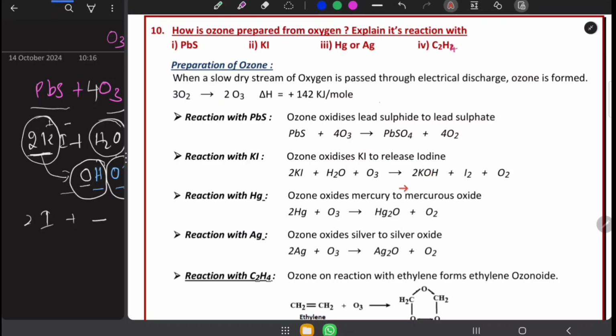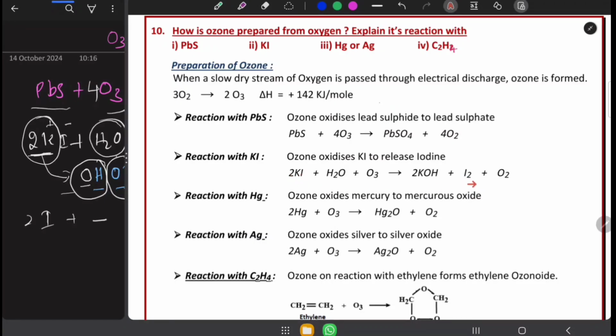From where have these OH groups come? Two hydrogen atoms here, this one oxygen atom, and one oxygen atom we get from ozone. So total two hydrogens and two oxygens become two OH groups, and we get 2KOH, plus I2. Here the iodine is left, the 2 is common, and iodine will be formed.